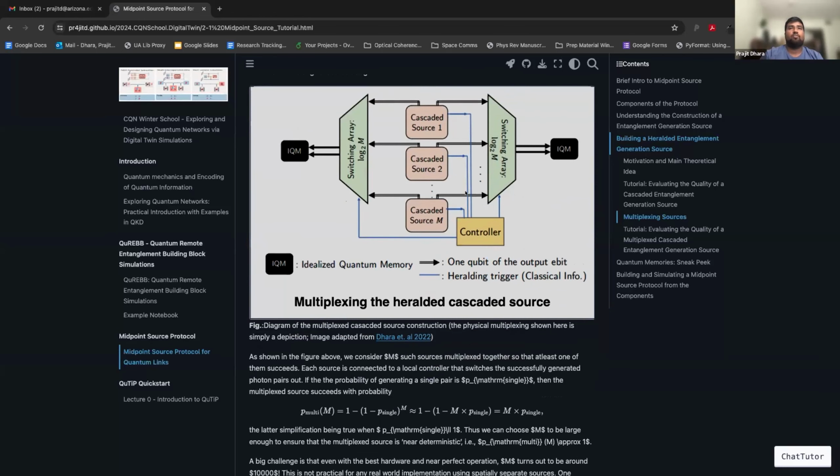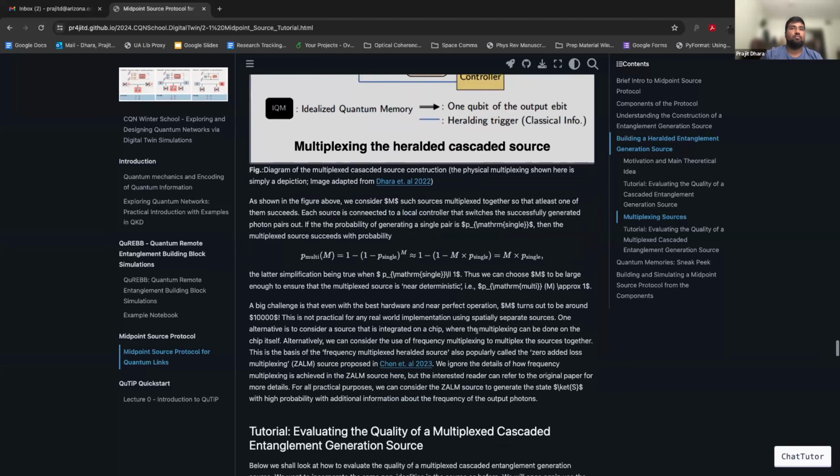But that is going to give us some numbers, which were calculated as part of the original paper, of something like 10,000 sources required, with some very modest hardware and perfect operational assumptions. This is not practical for any real world implementation, especially if you use spatially separate sources.